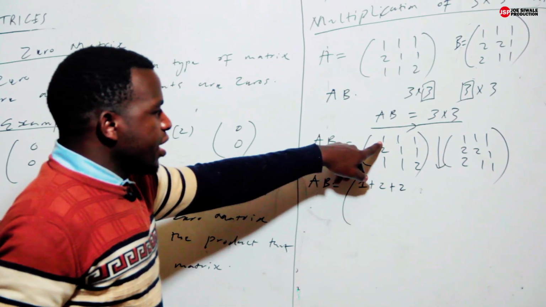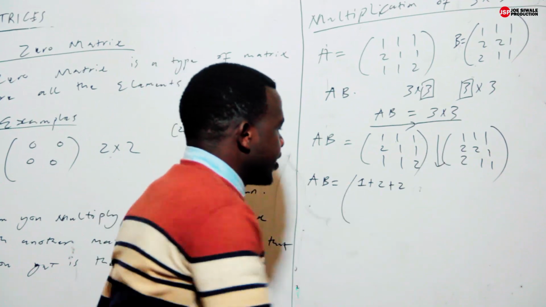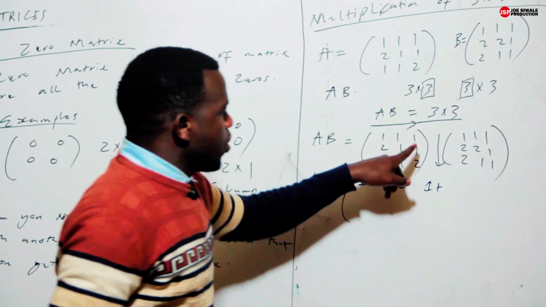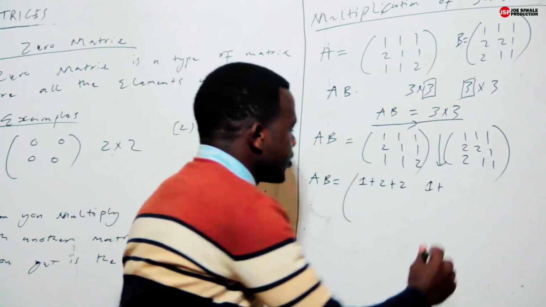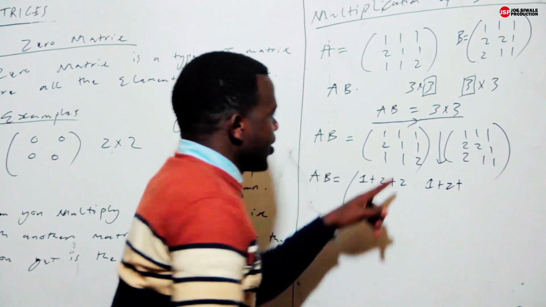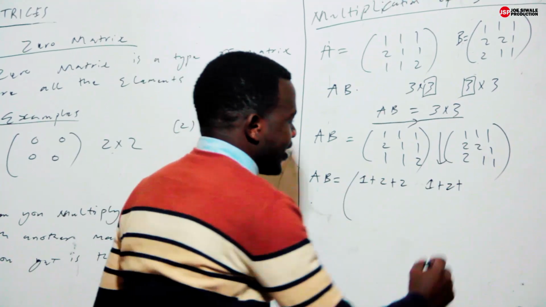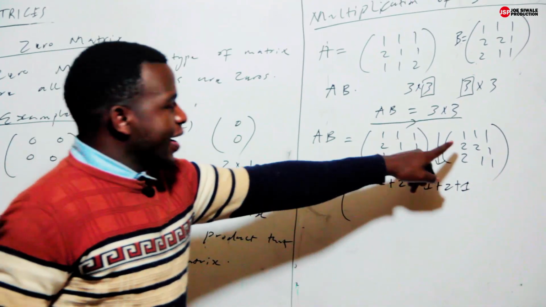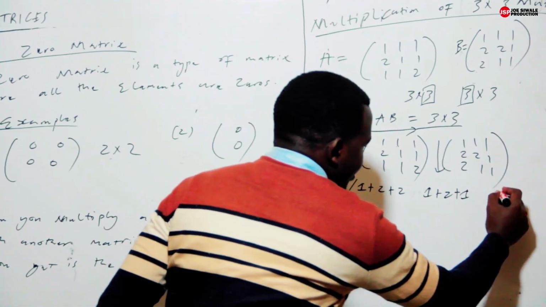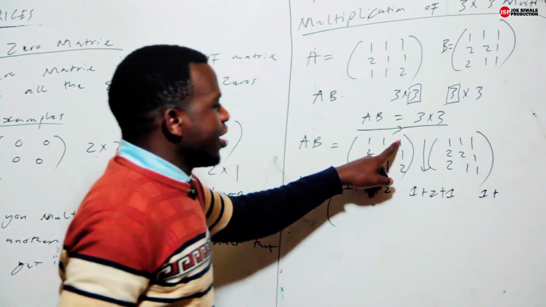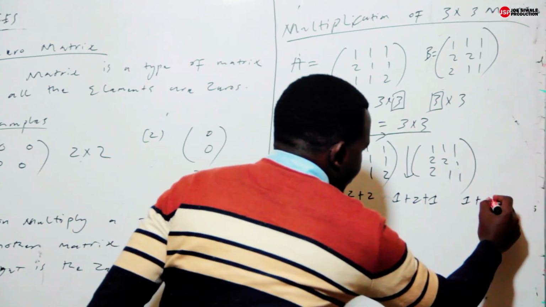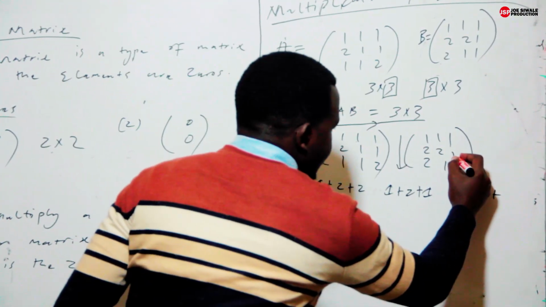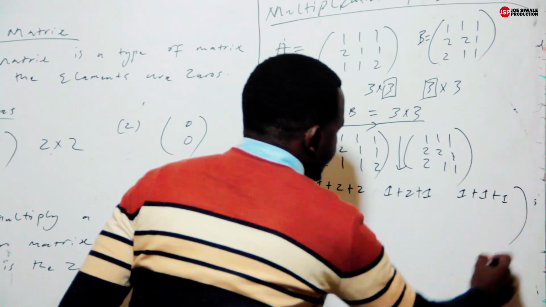Then 1 multiplied by 1, so we're getting 1, plus 1 multiplied by 2, we're getting 2, plus 1 multiplied by 1, we're getting 1. Then 1 multiplied by 1, we're getting 1, plus 1 multiplied by 1, we're getting 1, plus 1 multiplied by 1, we are getting 1.